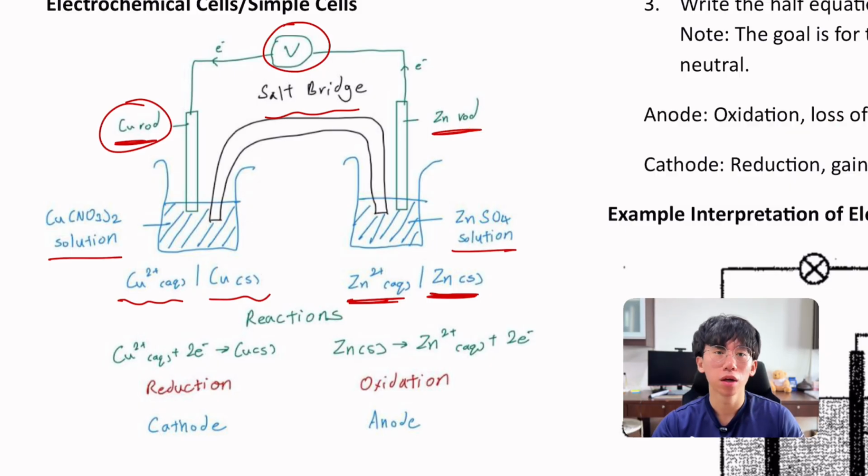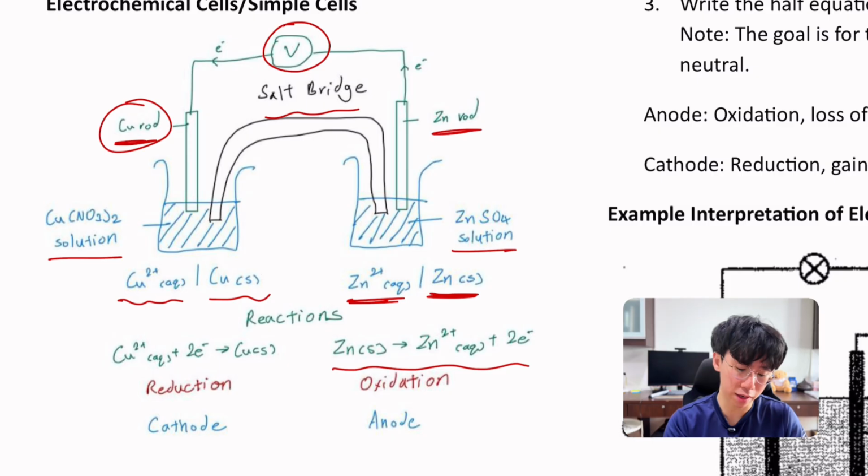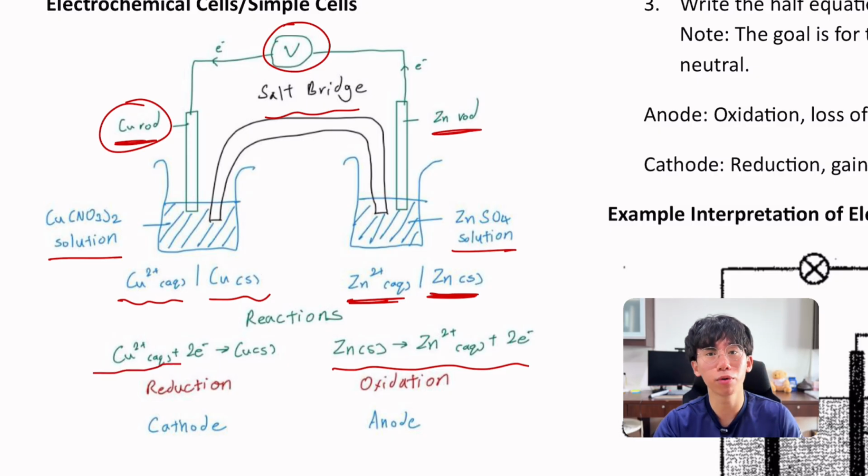Because of that, zinc will most likely undergo oxidation. So zinc would be oxidized to zinc 2+ in this whole electrochemical cell, whereas on the other side, you will have reduction. Your copper 2+ ions are going to be reduced to copper metal.